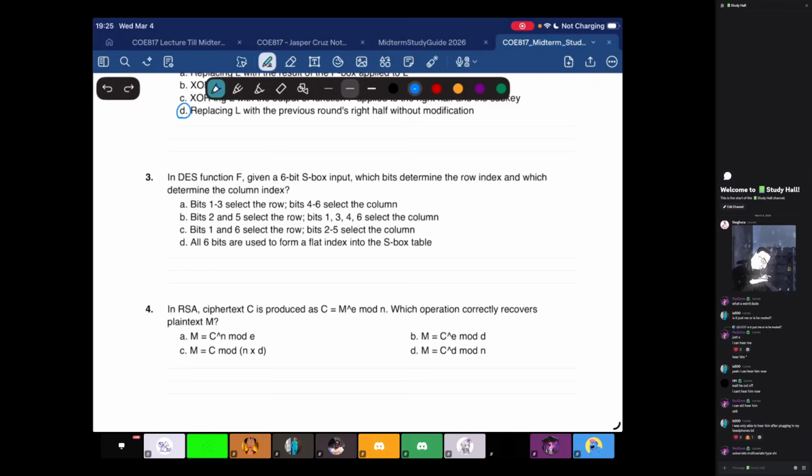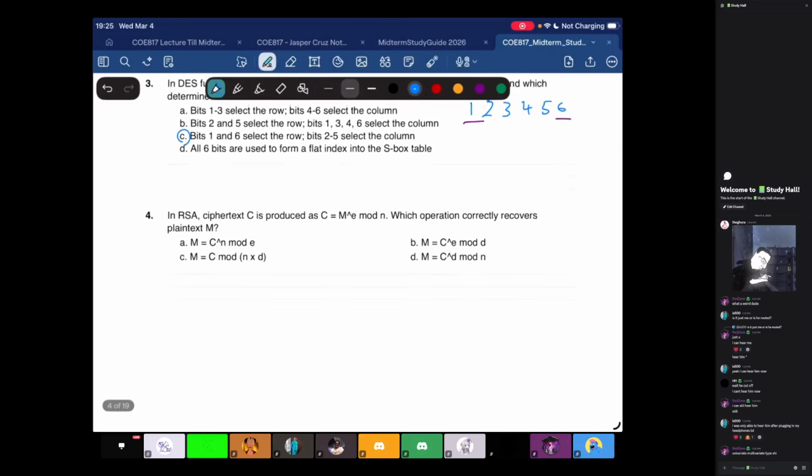We have 6 bits, so if you think of it as a sequence, the outer bits, 1 and 6, select the row, and the inner bits, 2 through 5, select the column. In this case, that makes it option C.